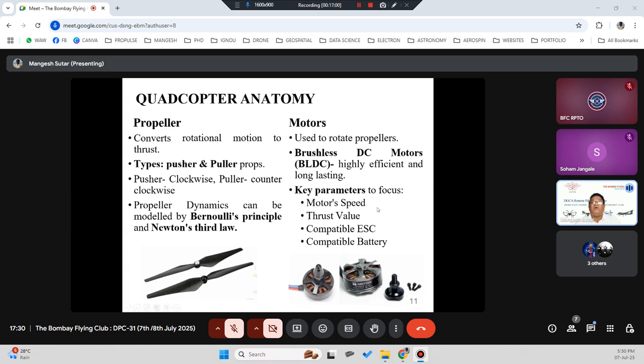The key parameters to focus on when looking at motors are motor speed, thrust value, compatible ESC, and compatible battery. Out of these, speed does not matter for me, and compatible ESC and battery are secondary. When I am designing a drone, what I see is how much thrust it can generate. For example, a motor can give a thrust for picking a weight of 10 kg.